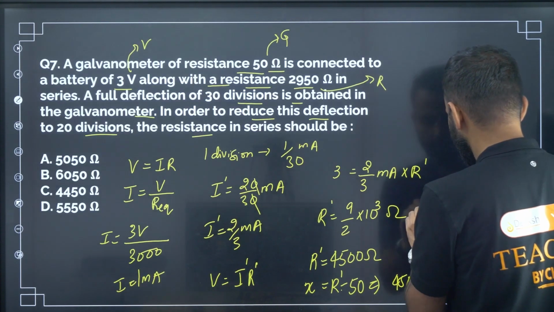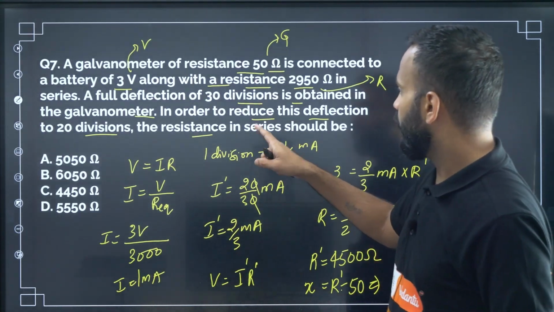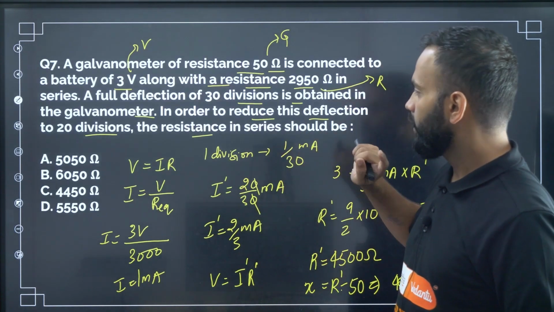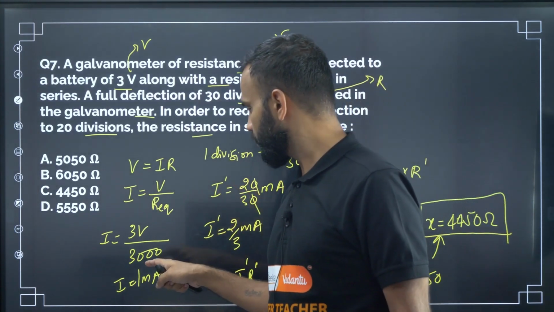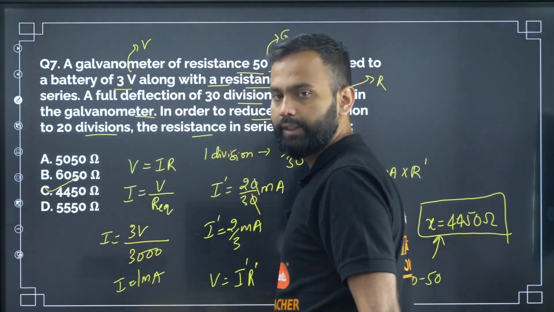So this much resistance needs to be added to the galvanometer in series, so that the current reduces from 1 milliampere to 2 by 3 milliampere. So the correct option is C.